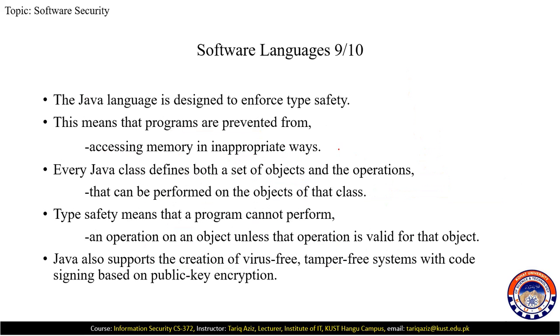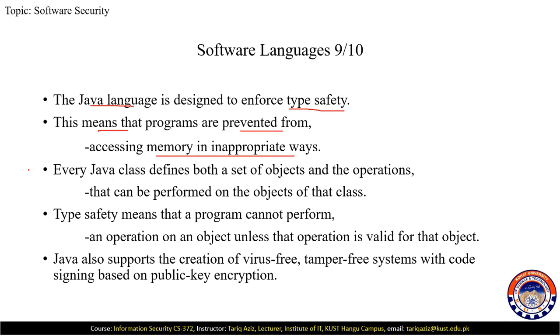Now dear students, here are some more features of the Java language. Java is designed to enforce type safety. A couple of minutes before, we said that Java is a strongly typed language, which means that it provides type safety. What do you mean by type safety? This means that programs are prevented from accessing memory in inappropriate ways.